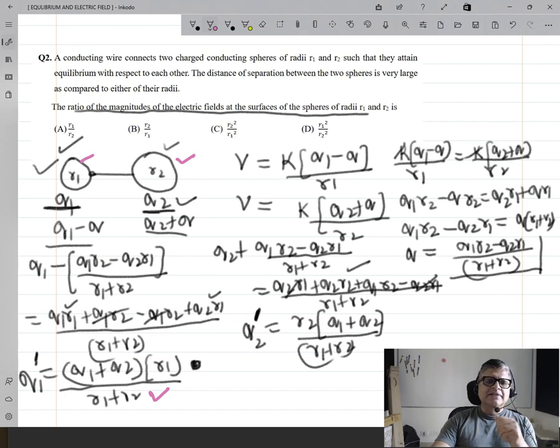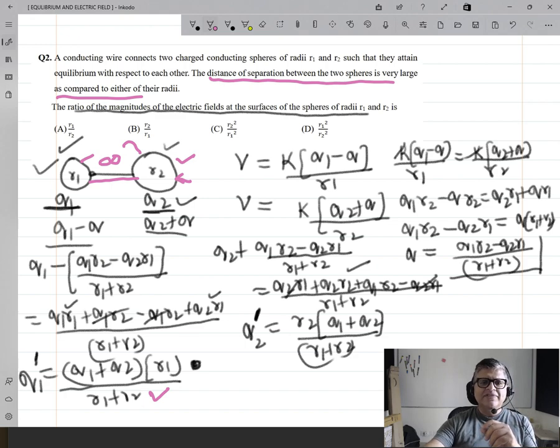However, it says the distance of separation between the two is very large compared to the radius, which means it's effectively an infinite distance. So the electric field produced by R2 on R1 is 0, and similarly the electric field produced by R1 on the surface of R2 is 0. So the only electric field we have to consider on the surface is because of the charge on the shell itself.